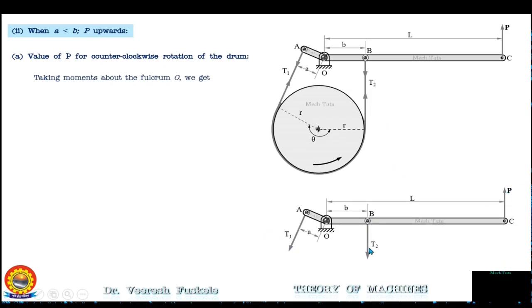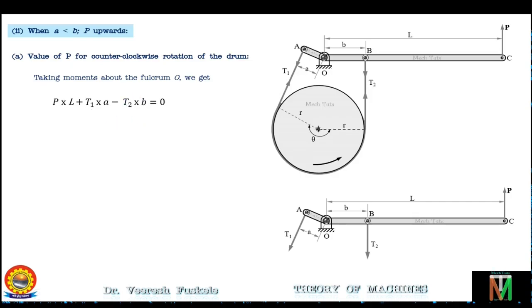Taking moments about the fulcrum point O, T1 will be rotating the lever in the anticlockwise direction, so it will have a positive moment with the magnitude T1 into the perpendicular distance A. P will also have an anticlockwise rotation, so it will also have a positive moment with the magnitude P into L. But T2 will be rotating in the clockwise direction, so T2 will have a negative moment with the magnitude T2 into B. So the moment equation can be written as T1 into A plus P into L minus T2 into B is equal to 0, where P and T1 have positive moments and T2 has a negative moment.